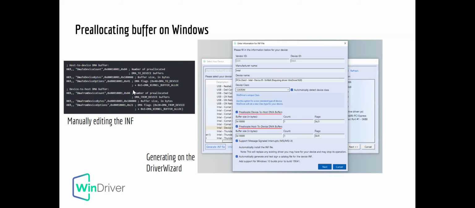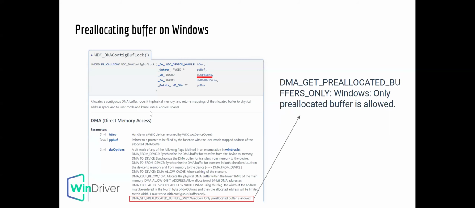And the last one is the pre-allocation of buffer on Windows. As I said, if you have DMA capability, these fields will be available for you, and you can allocate buffers that will be captured during the boot. You can also do it by editing the INF manually, or changing the DMA config bufflock flag in the function.